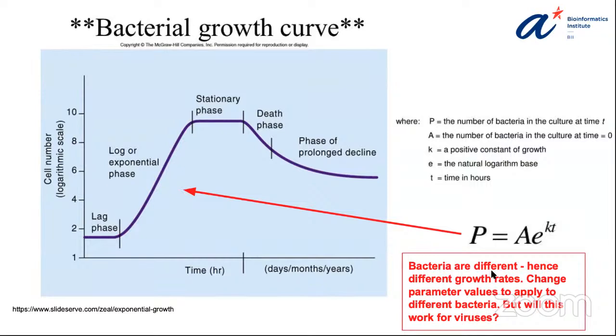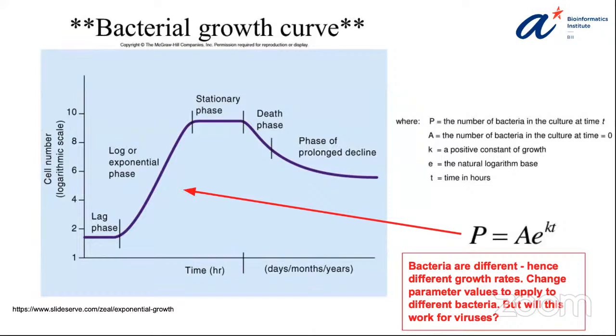And now you should step back and think about what I said earlier, that if a model is developed for bacteria, do you want to use it for viruses? Like, can you apply this model to estimate the growth of a virus? And the answer is no, you cannot. Why? Because bacteria go from 1 to 2, right? So if you take a bacterial cell, if you give it sufficient nutritional media, it will divide into 2 cells.